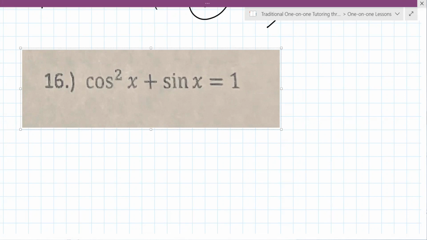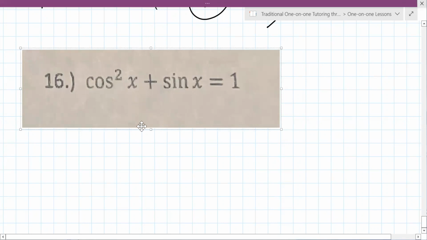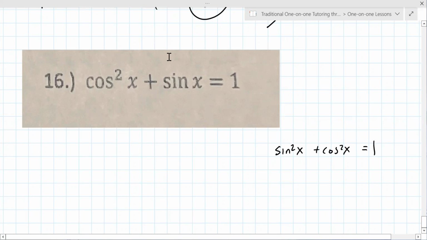So maybe there's a way to make a cosine squared into a sine. That's where you've got those identities: sine squared x plus cosine squared x equals 1. So you can replace cosine squared x by solving this identity for cosine squared.